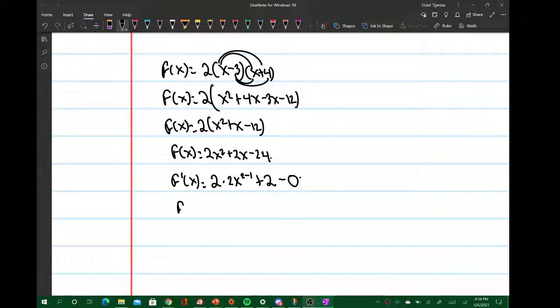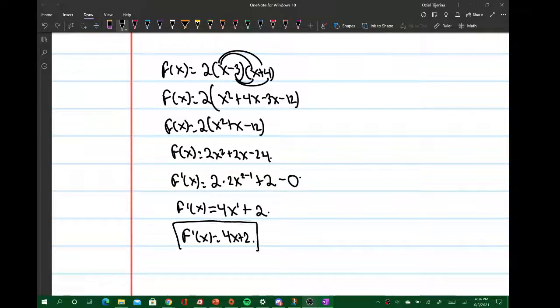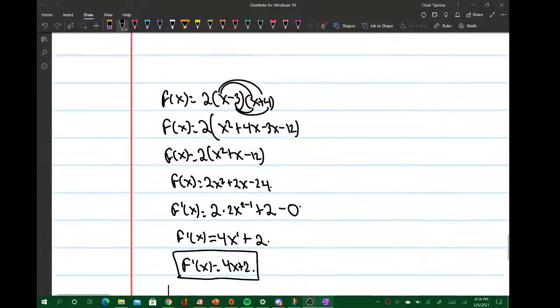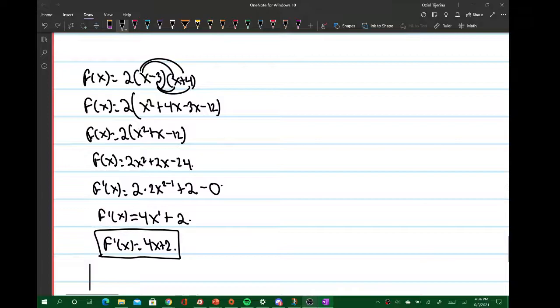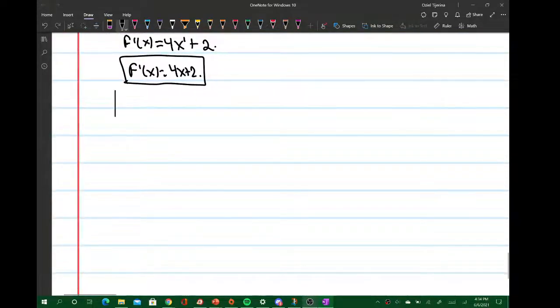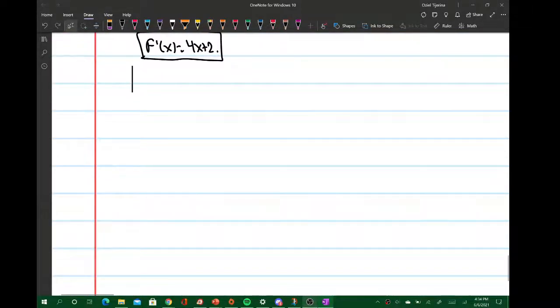So f prime of x is going to be 4x to the first plus 2. So it's going to be f prime of x equals 4x plus 2. Okay. This is a lot easier than having to do the limits rule, or doing it that way, because it saves a lot of time. It really does.